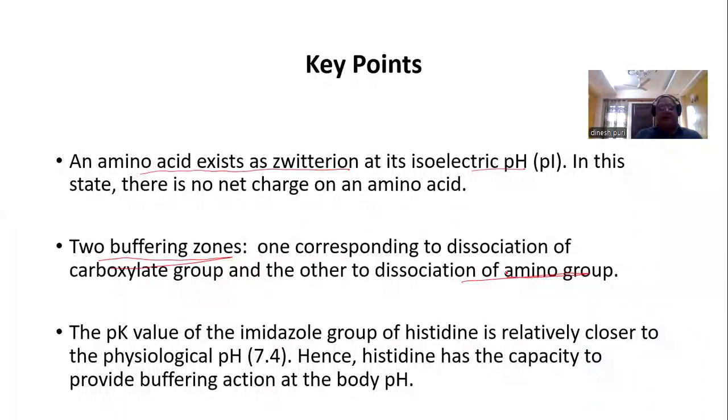And that actually shows why they are not able to act as a buffer, because the pK of the carboxylate group is 2 point something, the amino group's is 9 point something, which are far removed from body pH of 7.4. But the pK value of imidazole group of histidine is relatively closer to 7.4. Hence, histidine has got capacity to act as a buffer.